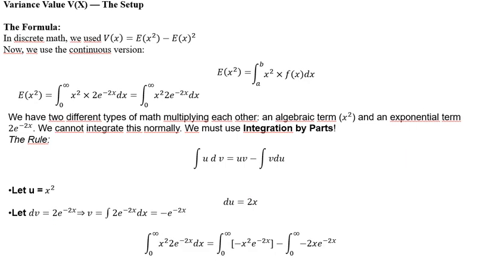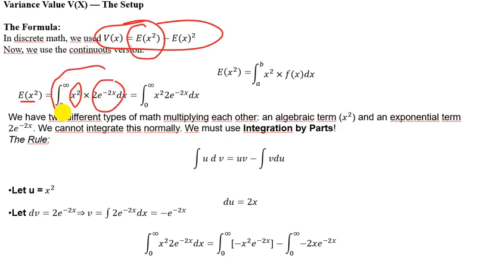Now we do the same thing for the variance. So for the variance, we will apply the same thing here. So we know that the variance is E[X squared] minus (E[X]) squared. What about E[X squared]? Actually, it's our function times x squared.